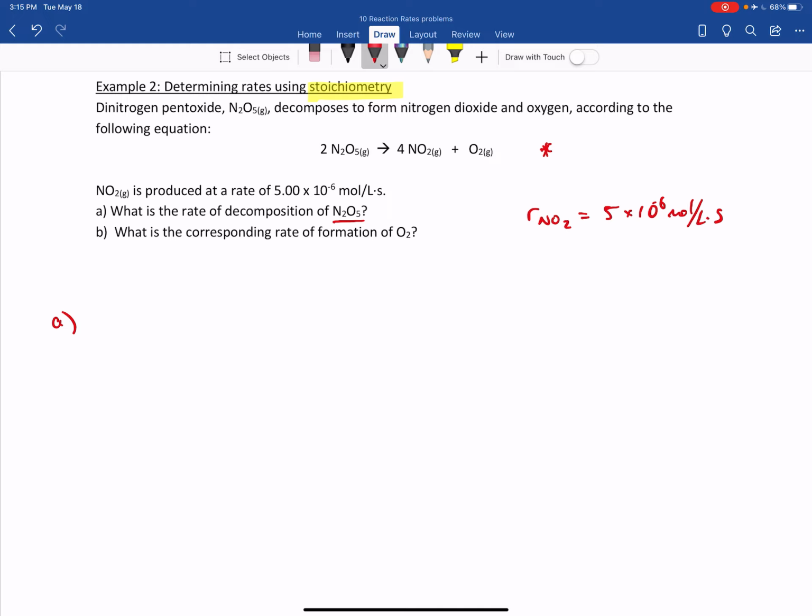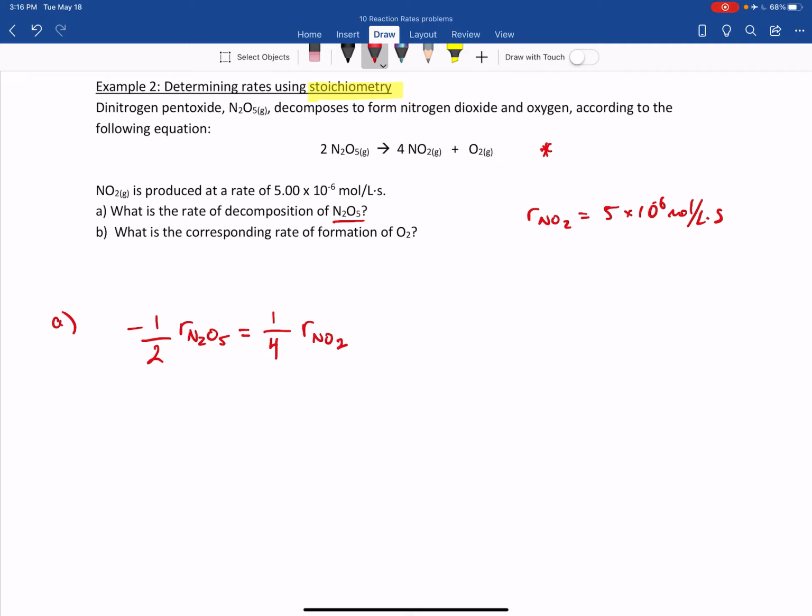of another. So because it's a product, 1 over 2, and again that bottom number is its coefficient, times the rate of N2O5 is equal to 1 over 4, the coefficient of NO2, times the rate of NO2.